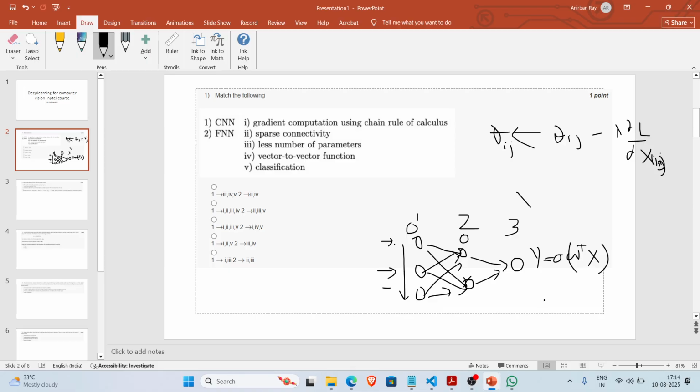Now while calculating the loss, this is the loss function.